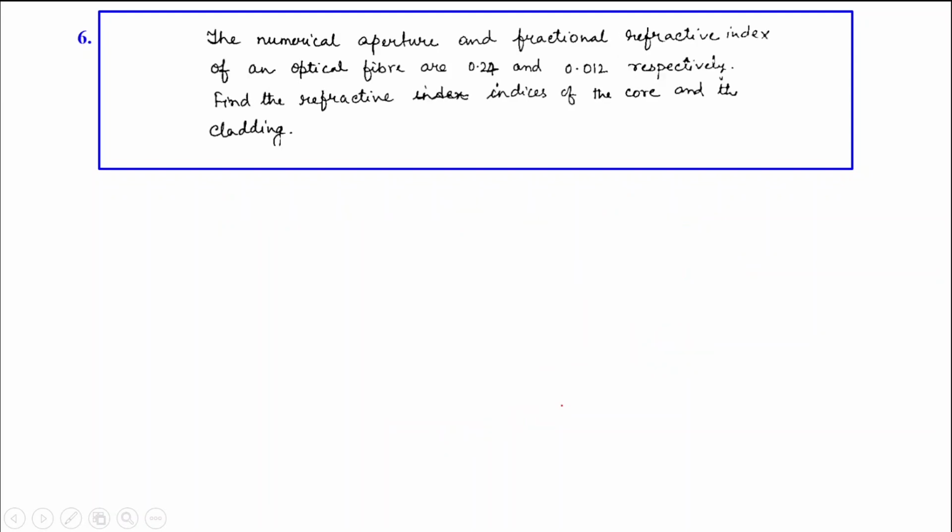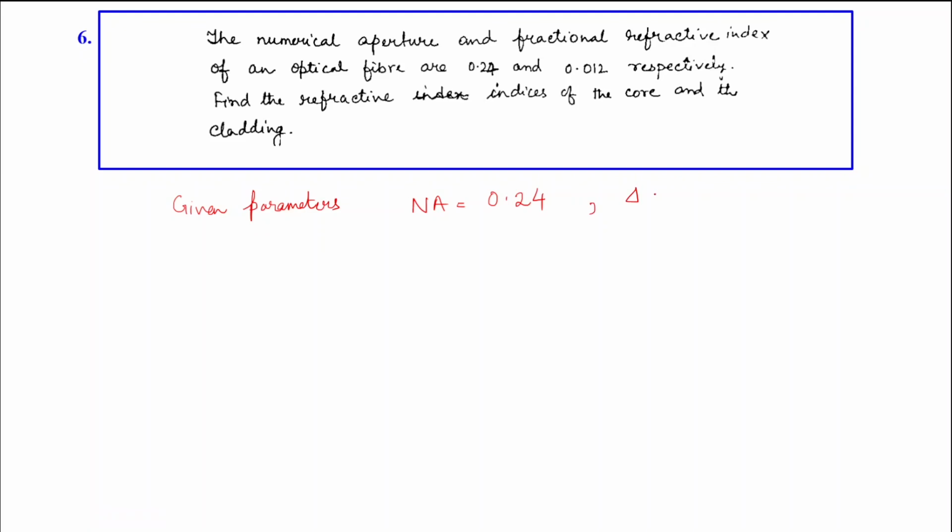Now let us move to our next problem. The numerical aperture and the fractional refractive index of an optical fiber are 0.24 and 0.012 respectively. Find the refractive indices of the core and the cladding.